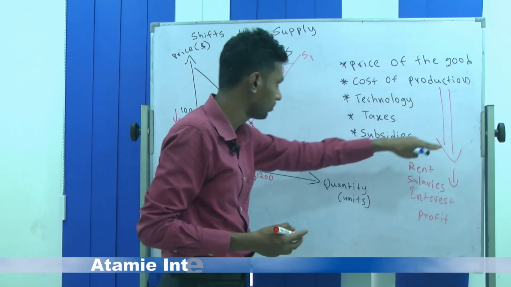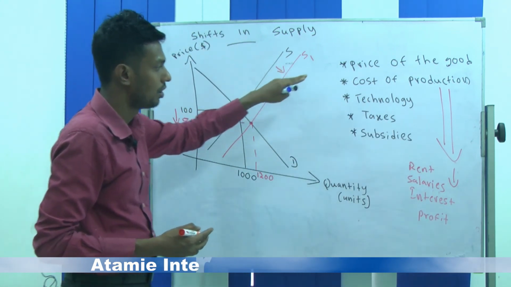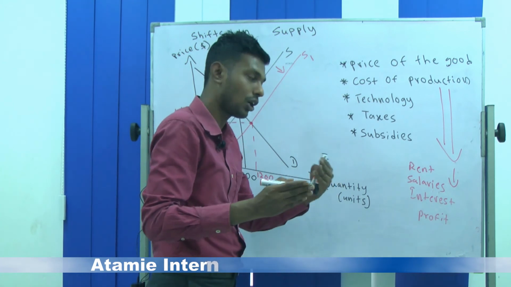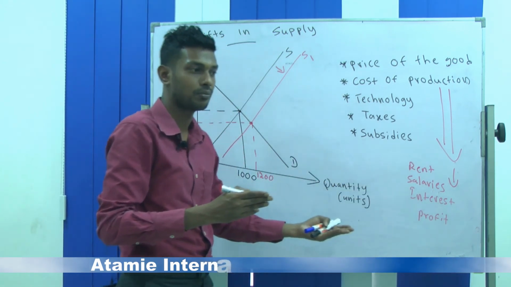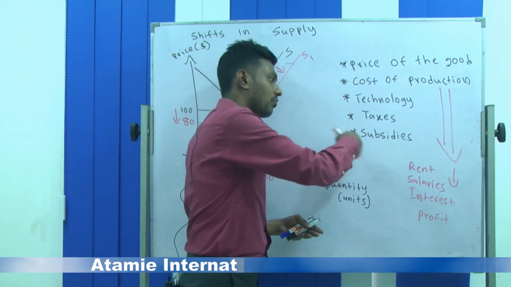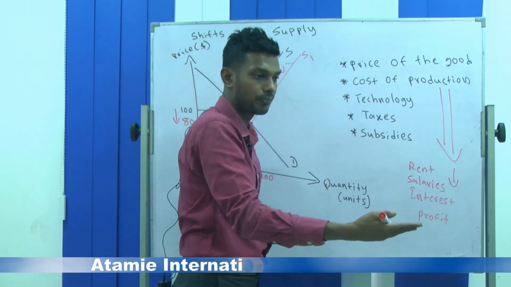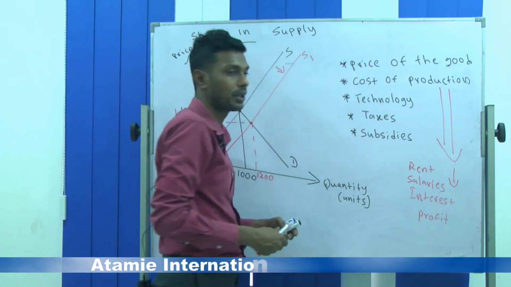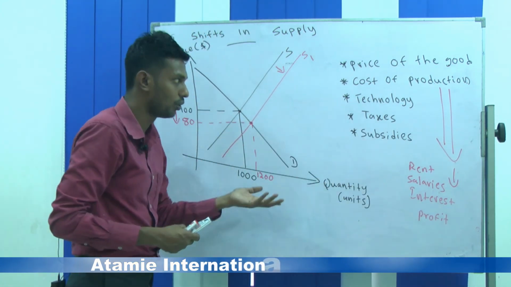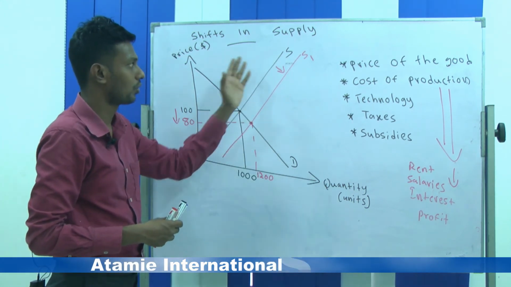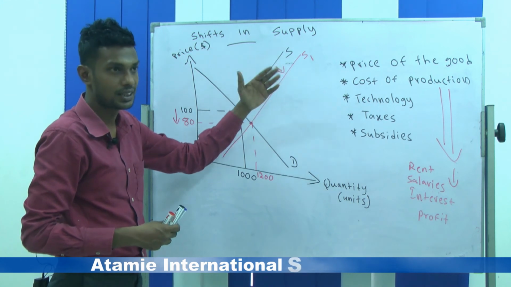Subsidies, when the government has cut off the taxes, you are motivated because you don't have to pay them anymore. And if the government gives you a grant, a financial scheme, then you are motivated again, you will produce more. These are the reasons for an increment in supply.